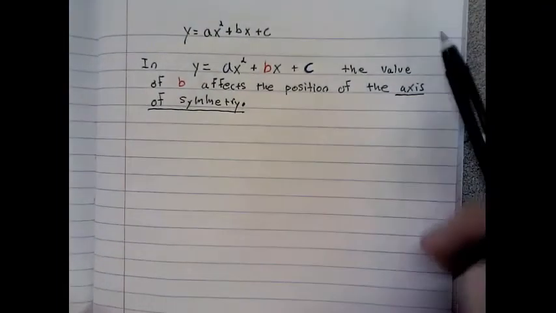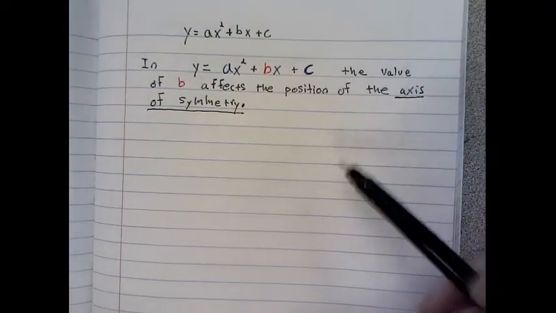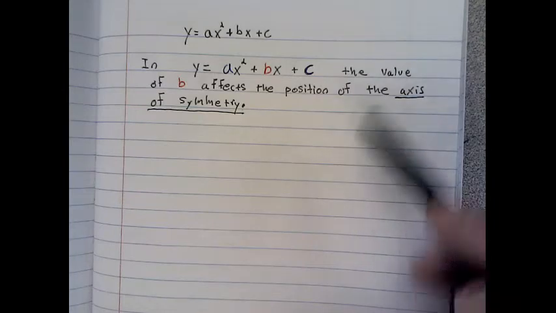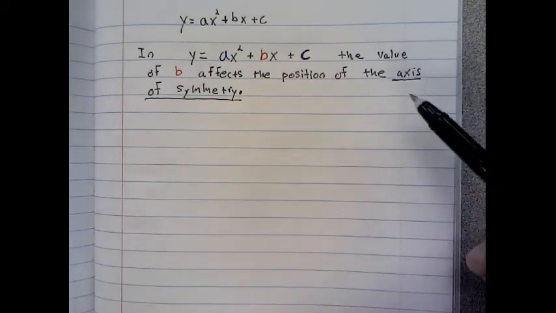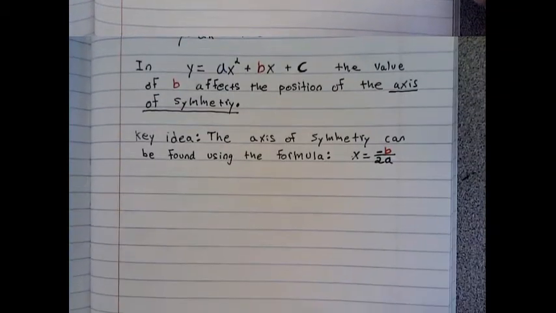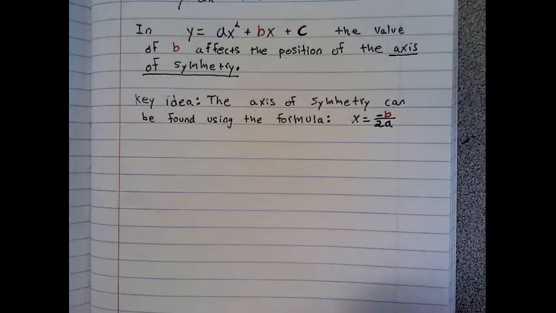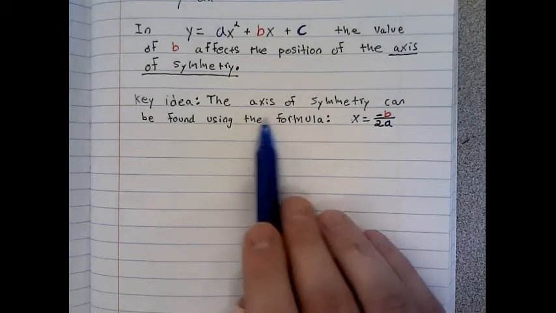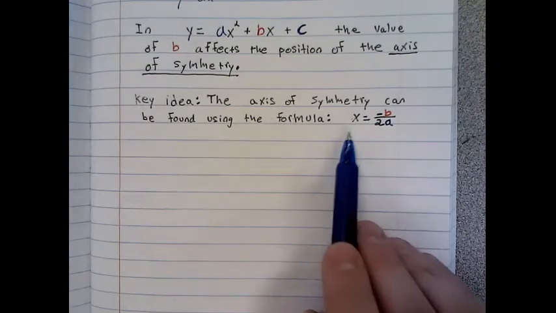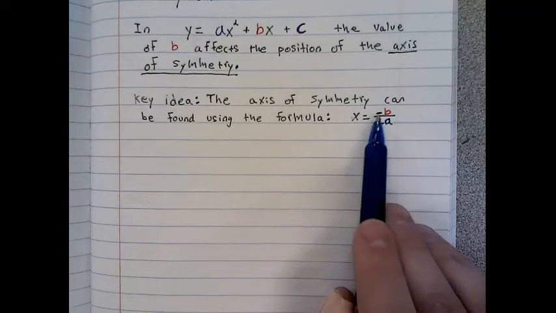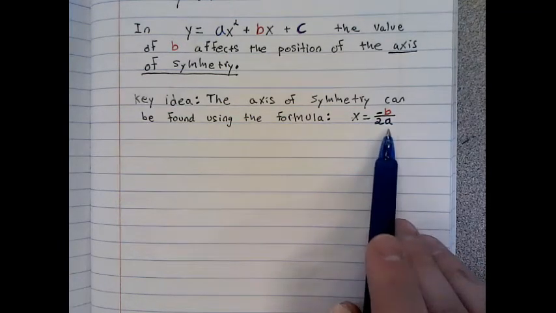Now when we throw b into the mix, it affects where that axis of symmetry goes. We're going to do an example to show you how that works. We have a formula for the axis of symmetry for any quadratic equation. To find the axis of symmetry, it would be x equals negative b over 2a.